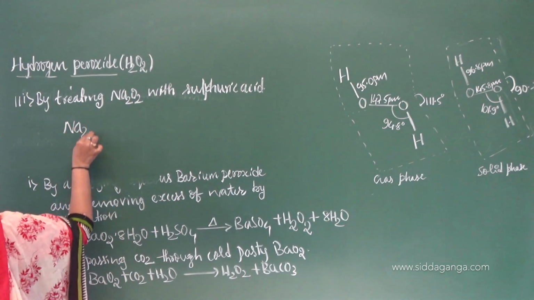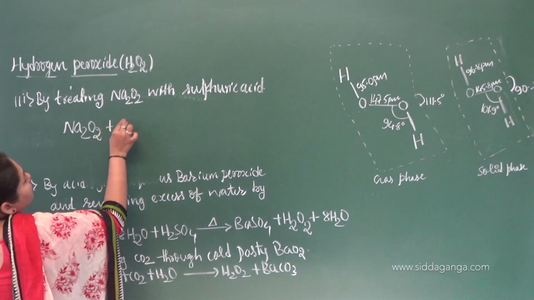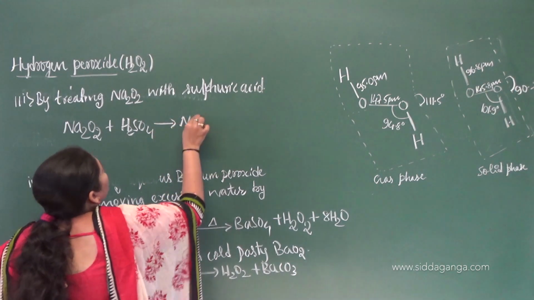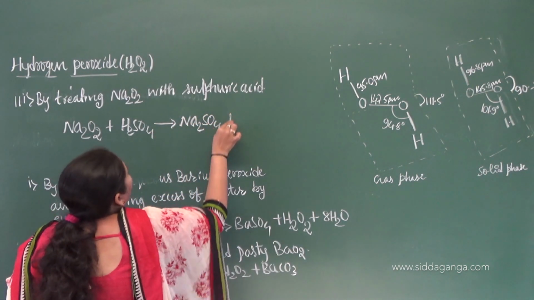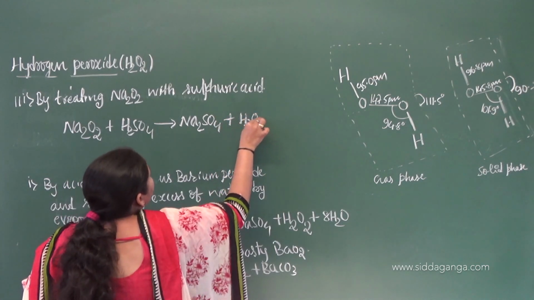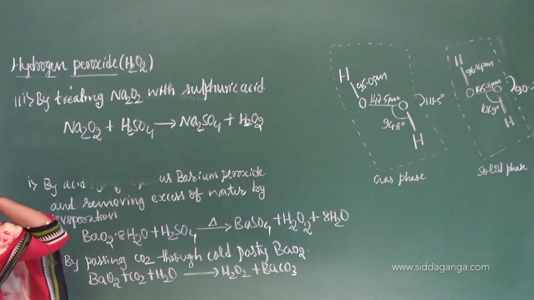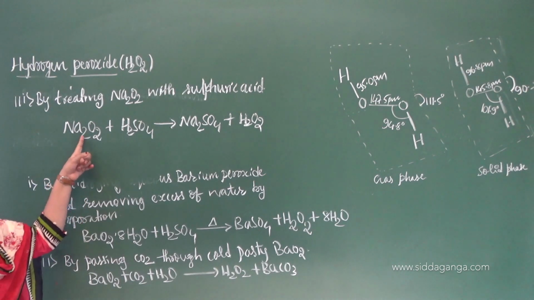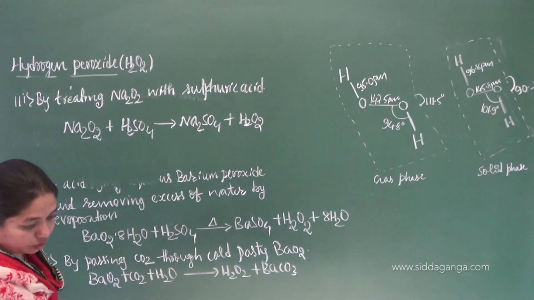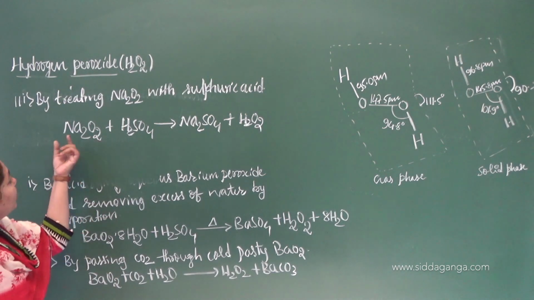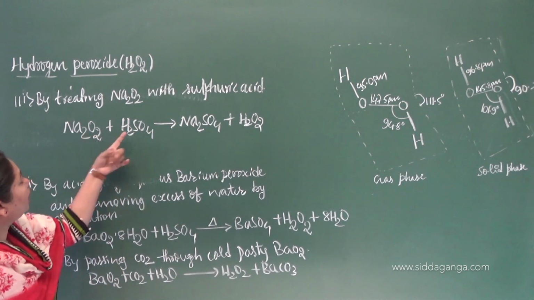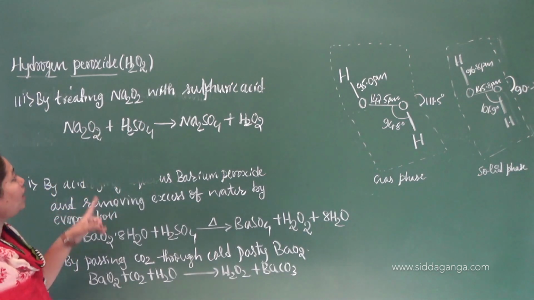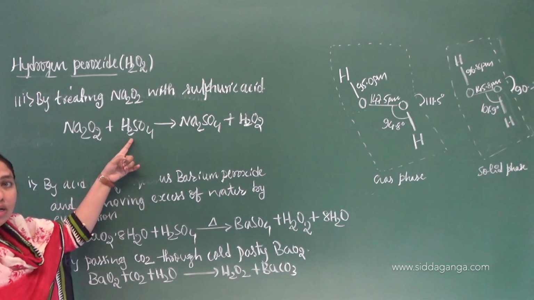When sodium peroxide is treated with sulfuric acid, it will form sodium sulfate with the formation of hydrogen peroxide. So this is one more method of preparing hydrogen peroxide: Na2O2 plus H2SO4 gives Na2SO4 plus H2O2, right? This is how you can prepare hydrogen peroxide by reacting sodium peroxide with sulfuric acid.